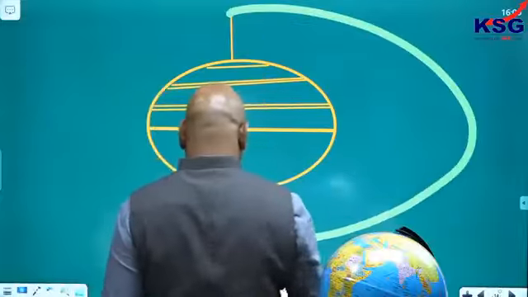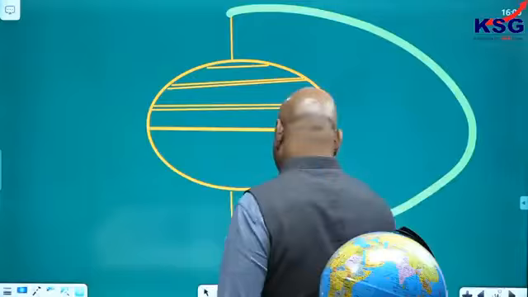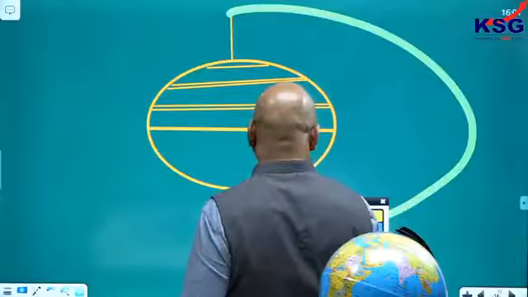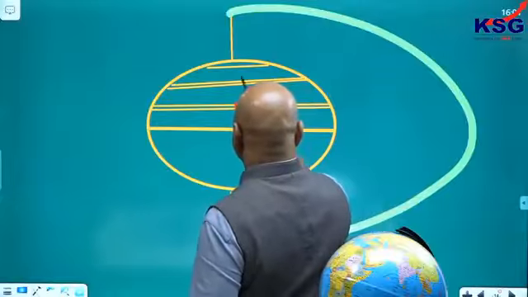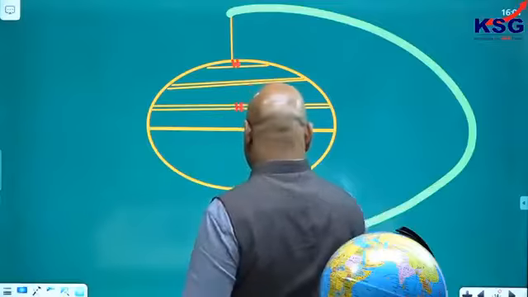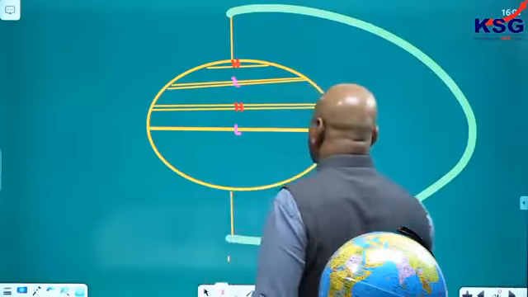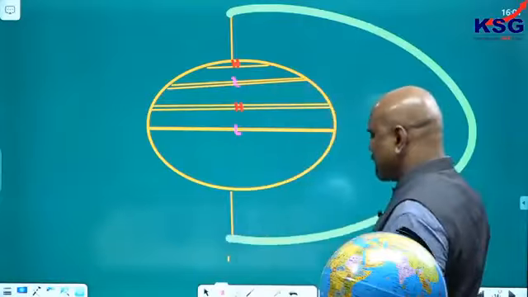This is the earth atmosphere. Now what happened, in this region we have a high pressure here, here you have a high pressure, and these two are low pressure here. Now the question is why the desert region has high pressure.